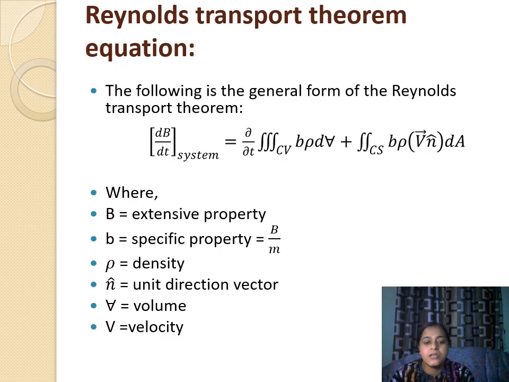Here small m is the mass, rho is the density, n cap is the unit direction vector, d volume is the volume, and capital V is the velocity.